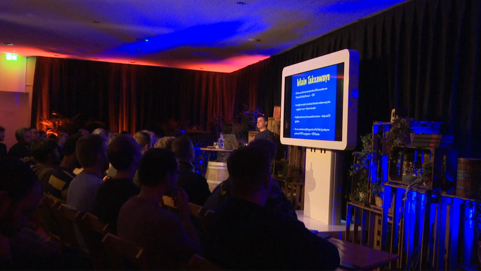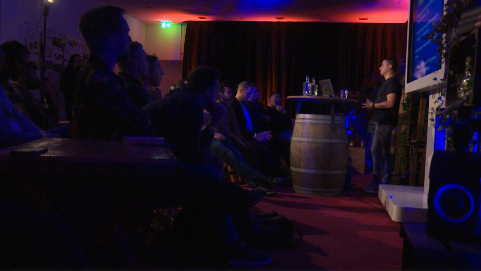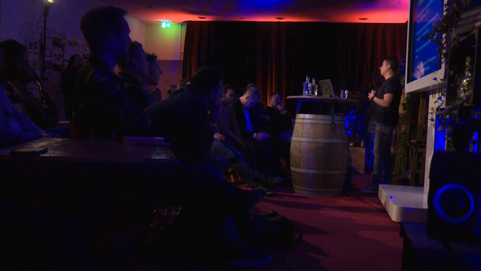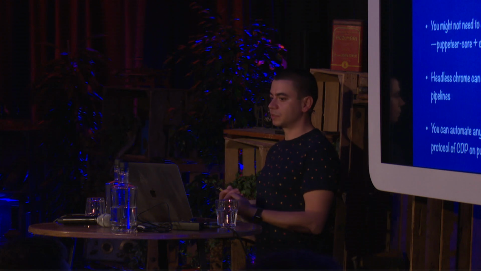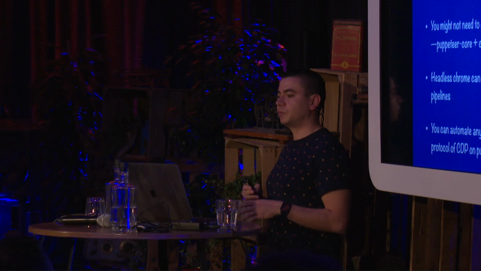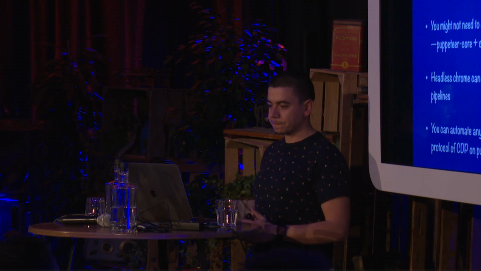So the main takeaways of this talk. Chrome can be instrumented with a WebSocket connection over Chrome DevTools protocol, which opens a door of possibilities for us. We can extend Puppeteer's functionality in a way that we can automate anything we do manually in the browser. You might not need to download a Chromium revision every time by using the Puppeteer lite idea. Puppeteer Core and Chrome Launcher are the two scripts that you can use together.